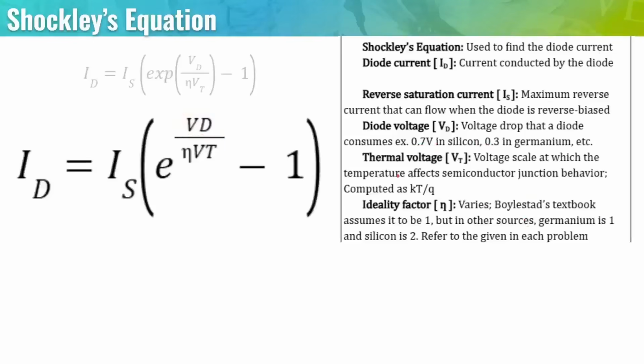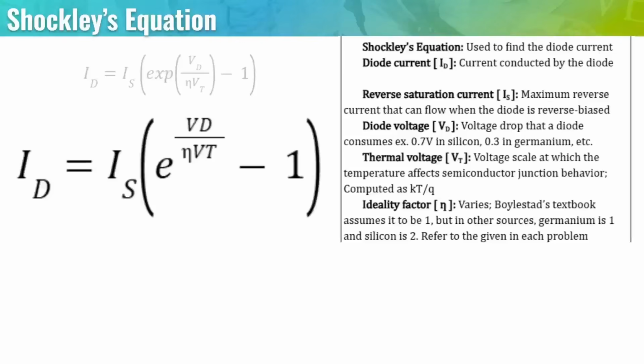The thermal voltage is a new concept. Well, rather, it's not that new, but it is the voltage scale at which the temperature affects semiconductor junction behavior. This is what I mentioned earlier as approximately 26 millivolts. Later, we can see it's more like 25.8, 25.9, depending on the temperature we have.